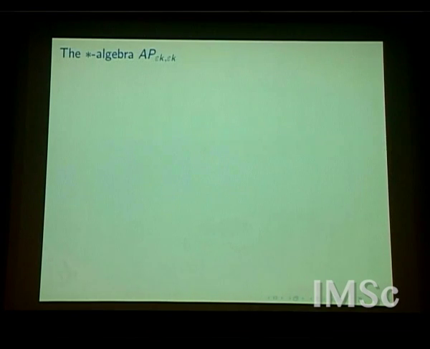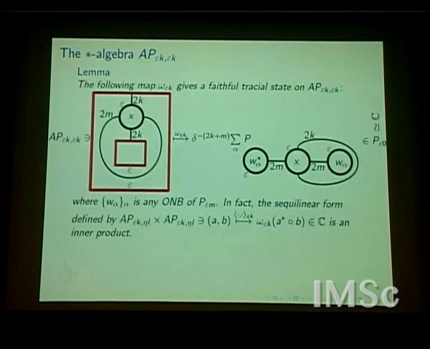To build them, we have to look at the algebra AP epsilon k epsilon k. It is an algebra because it is an endomorphism space. It was not even known whether this algebra is a star algebra, or can be made into a star algebra after completion.